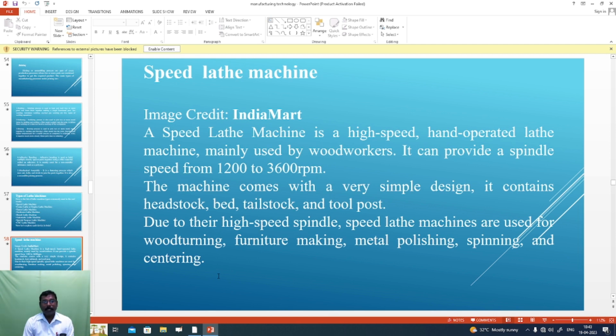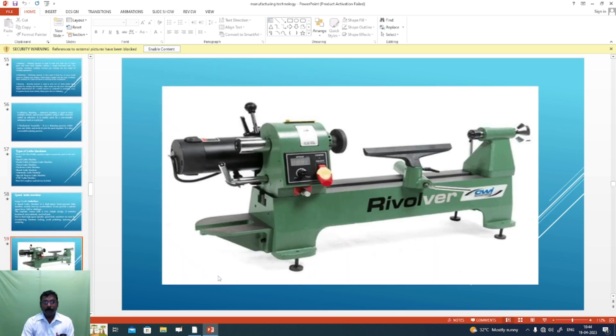It contains a headstock, bed, tailstock and tool post. Due to their high speed spindle, speed lathe machines are used for furniture, woodworking, metal polishing, spinning and centering. That is a diagram of the lathe.